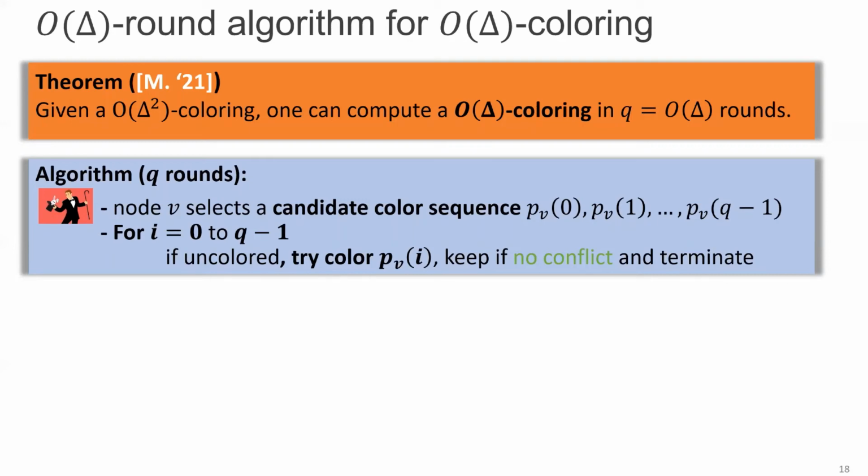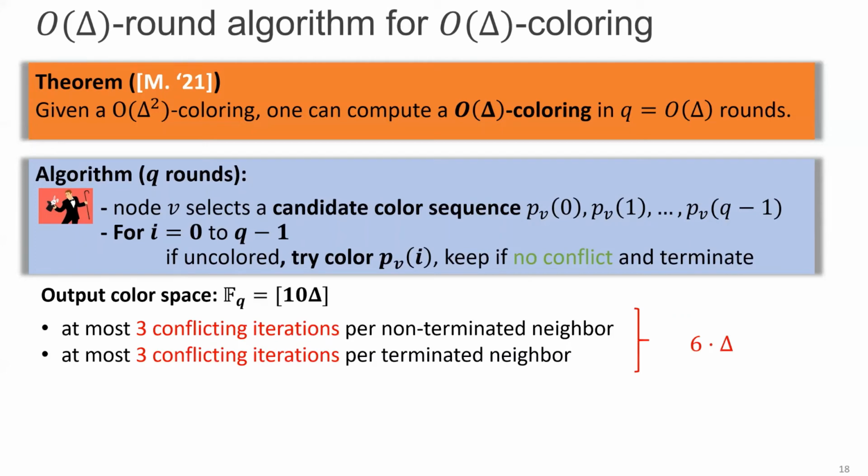Then in q iterations, or until you're colored, nodes try to get colored with one of the colors in their sequence. They go through the sequence and try the colors one after the other. If there's no conflict, meaning no one tries the same color or is already colored with the color that you try, you pick the color and terminate.